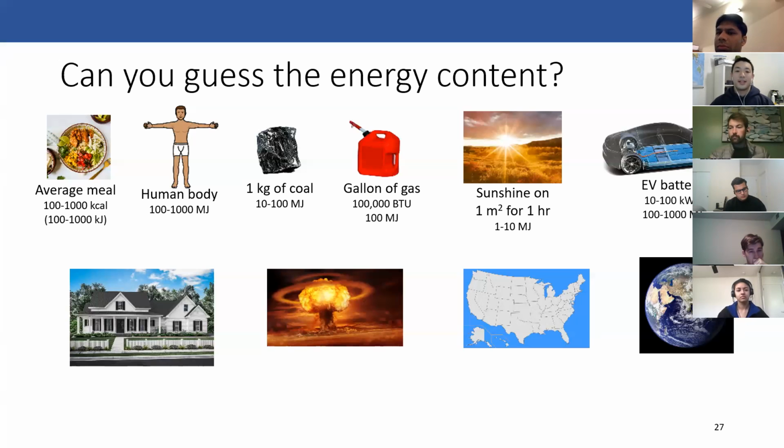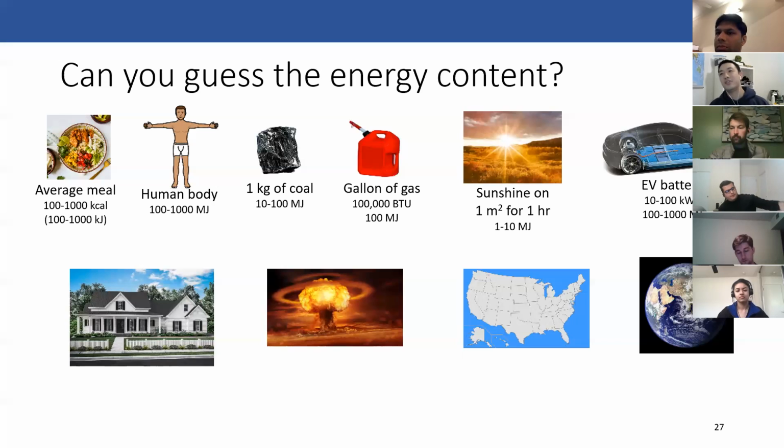Okay, EV batteries. If you're familiar with electric vehicles, it's the size of the battery. In a Tesla, for a longer range one, you're talking about on the order of 100 kilowatt hours.